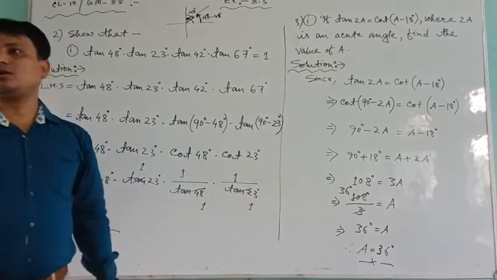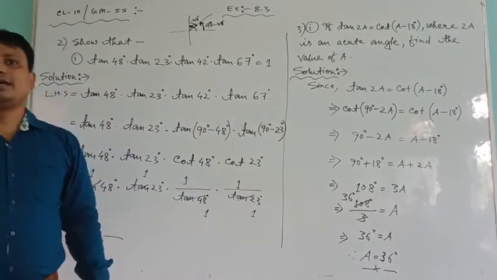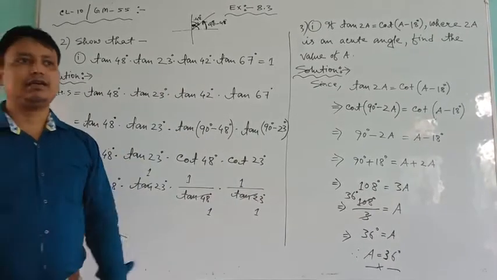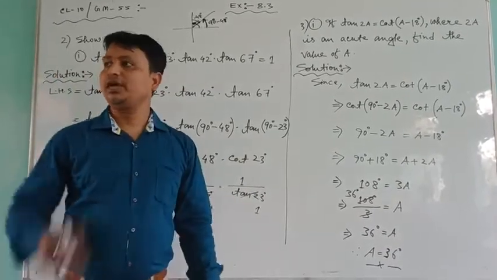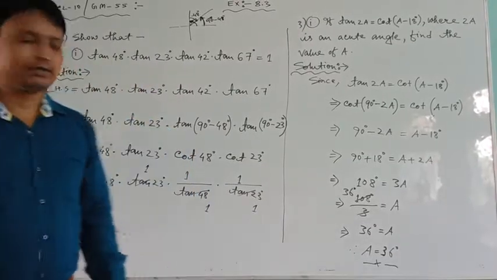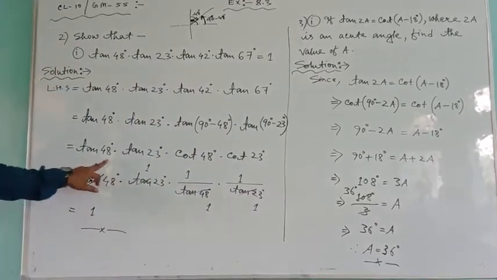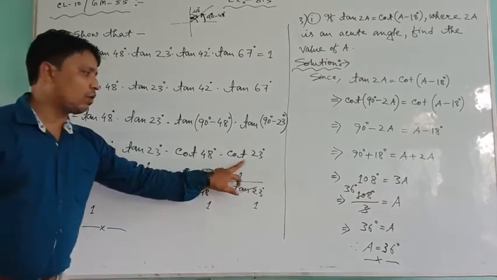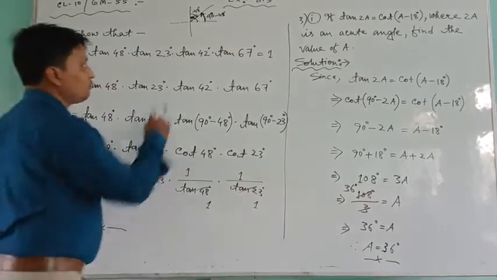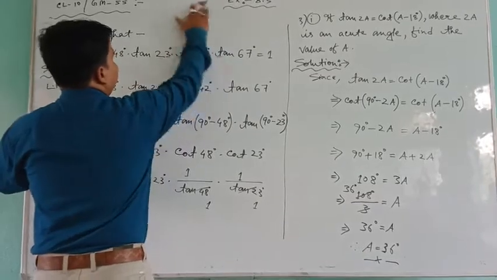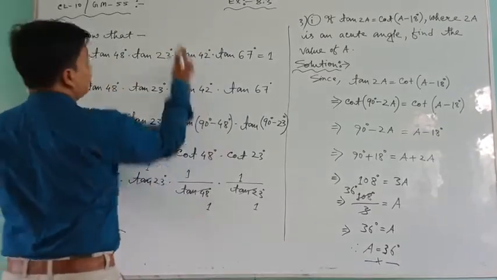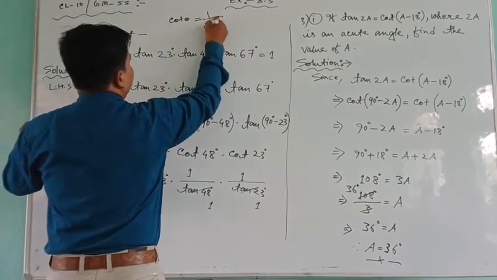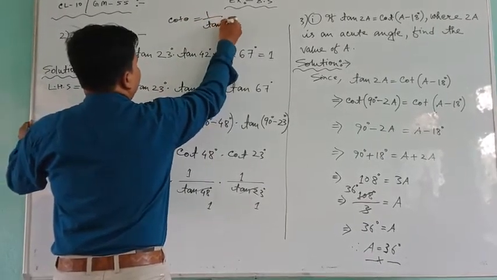In the last video I already gave the explanation of the quadrant rules. Just watch that video and continue. Okay, next one, see tan 48 into tan 23 degree into cot 48 into cot 23. Now there is one formula: cot theta equal to 1 by tan theta.